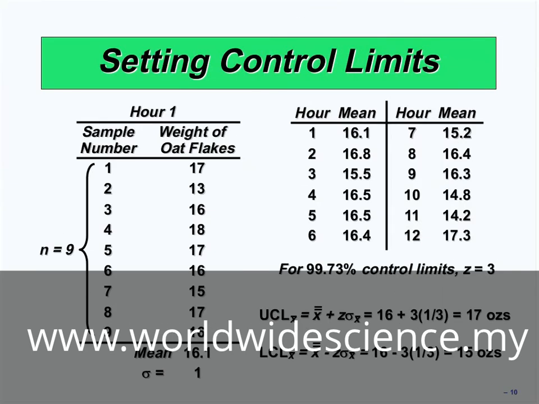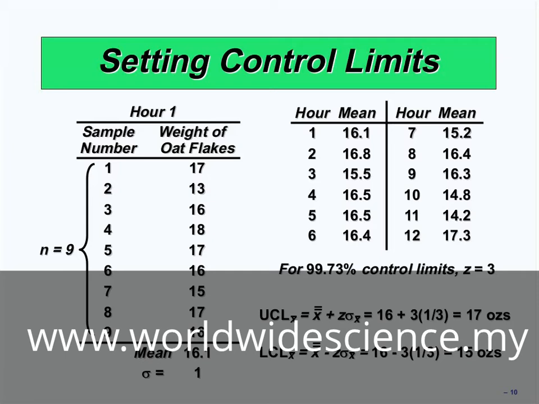For example, in sample number one, we had 9 numbers because we have 9 cups of outflows.